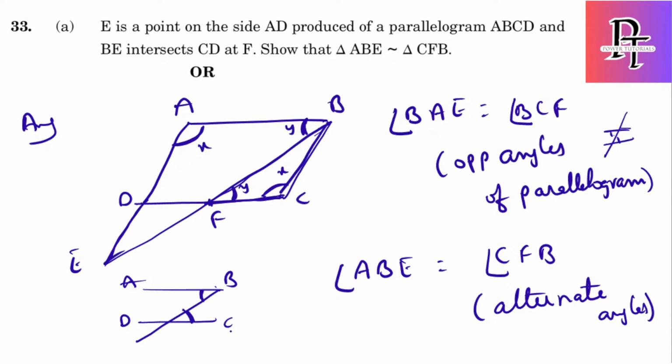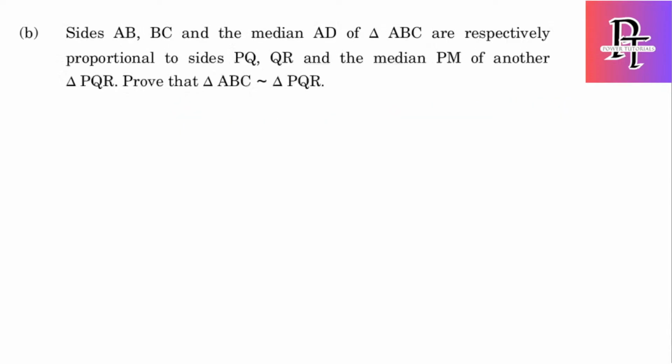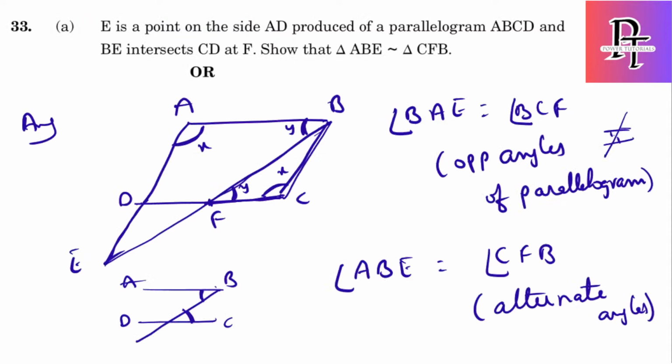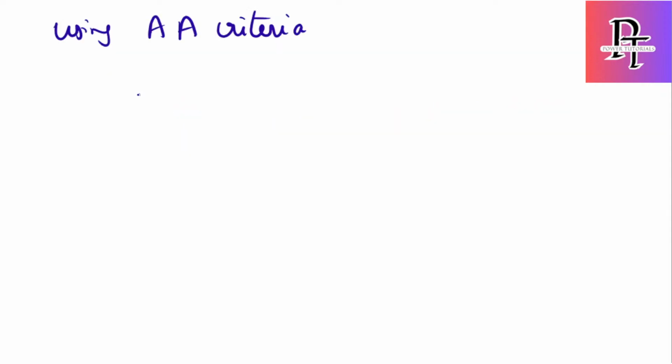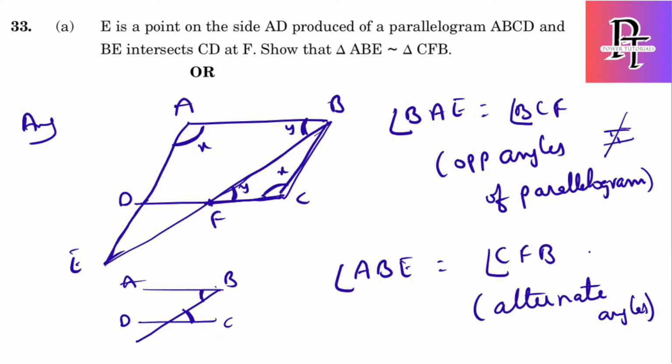I'll write it in the next slide. Using AA criteria, that is, if two angles are equal, the triangles are similar. You can see triangle ABE is similar to triangle CBF. You can compare ABE, CBF, exactly correct.